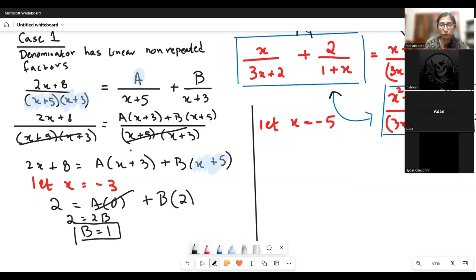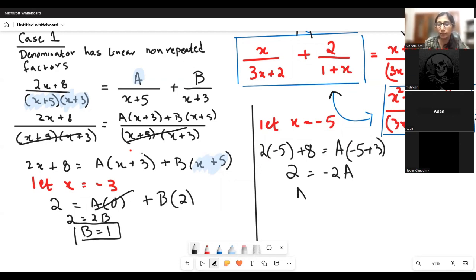So we have 2 times minus 5 plus 8 equals A times minus 5 plus 3. So we have minus 10 plus 8, which is minus 2. And that equals minus 2A. So A is coming out to be minus 1. So we get, in fact, A should have been 1.